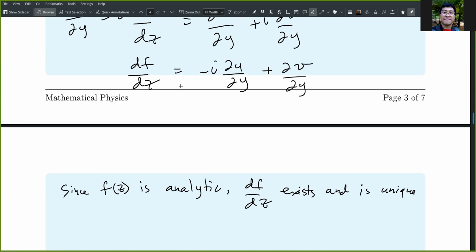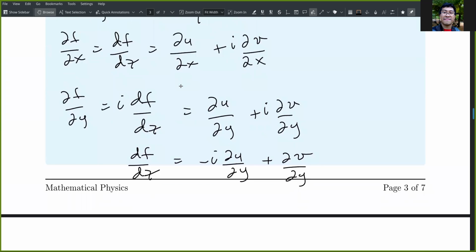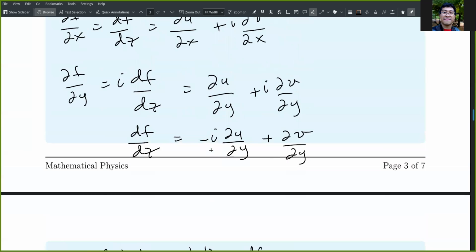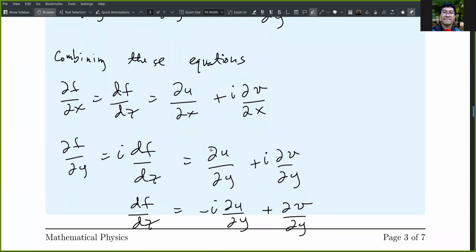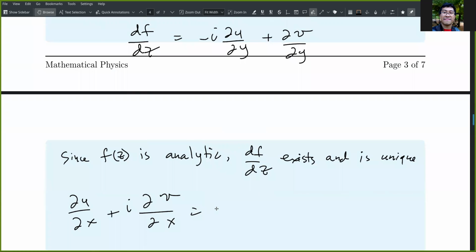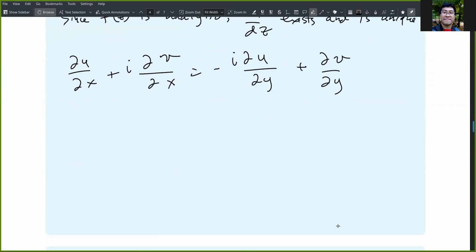That tells us that this df by dz here is just equal to this here, or if you write that, partial u with respect to x plus i partial v with respect to x equals negative i partial u with respect to y plus partial v with respect to y.